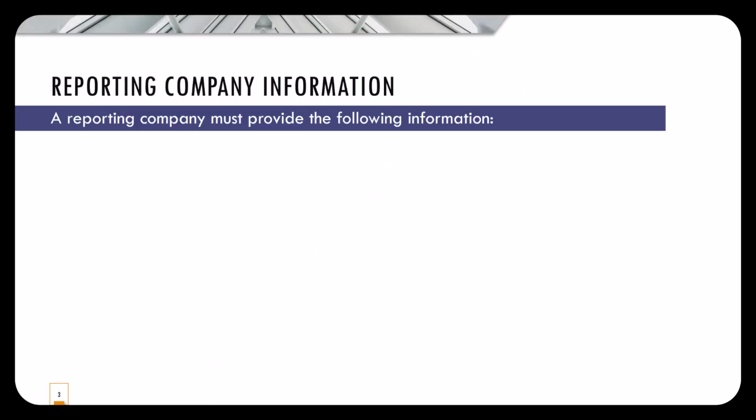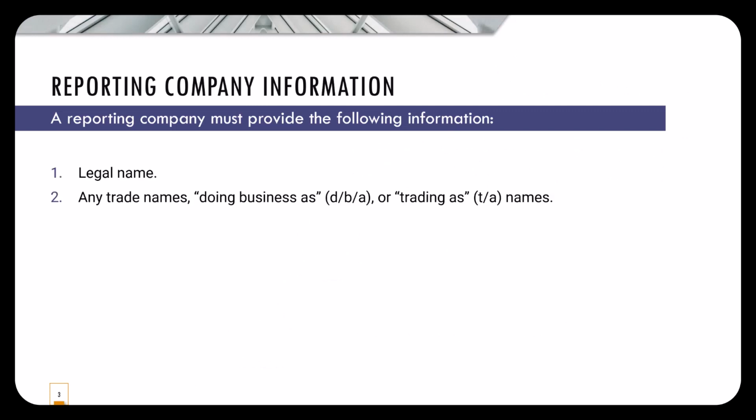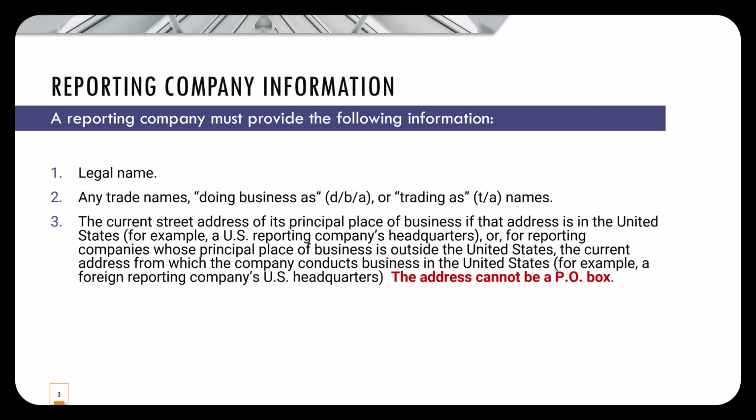Now, for your reporting company, you need the following information: the legal name of the company, any trade names, doing business as, DBA, or trading as T/A names. You also need the current street address of the company's principal place of business if that address is in the United States. For example, a U.S. reporting company's headquarters, or for reporting companies whose principal place of business is outside the United States, the current address from which the company conducts business in the United States.